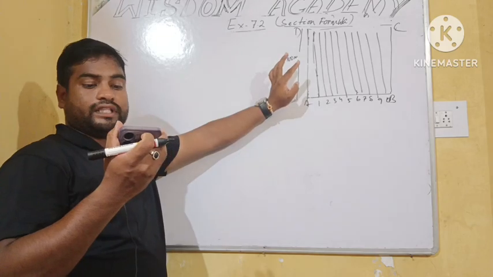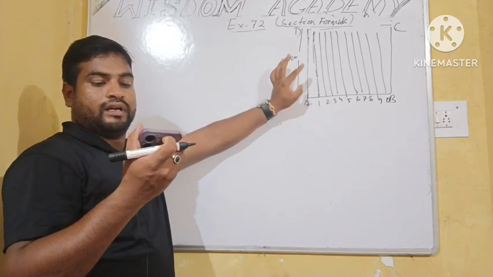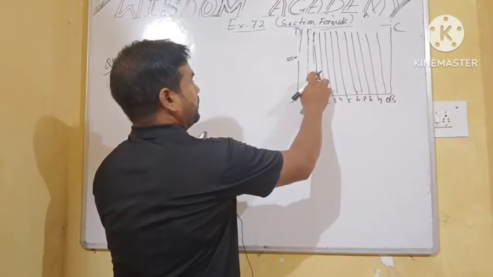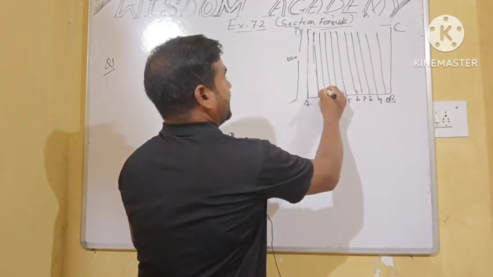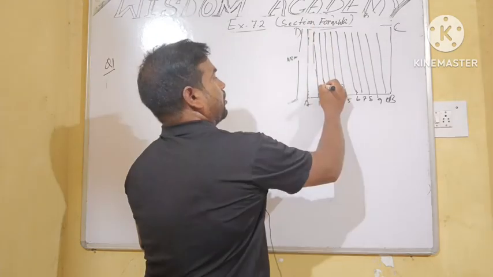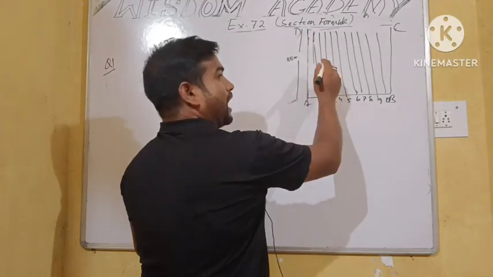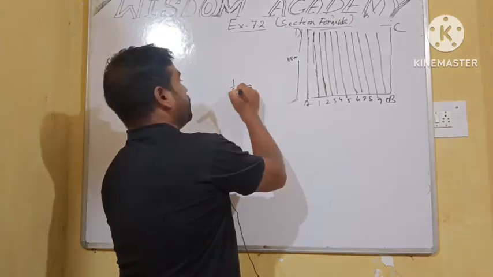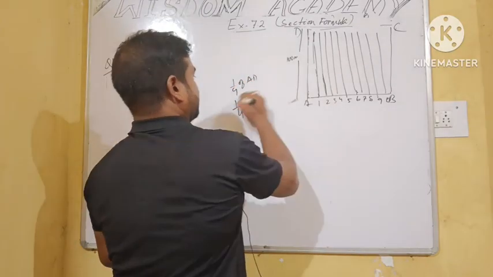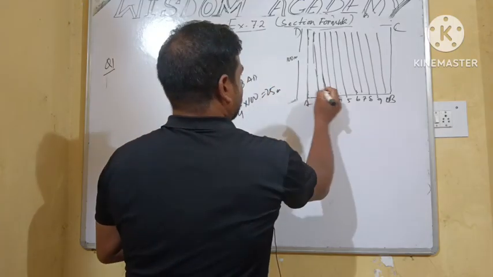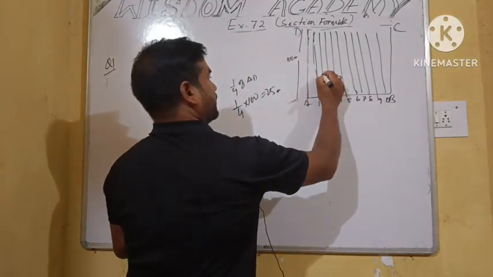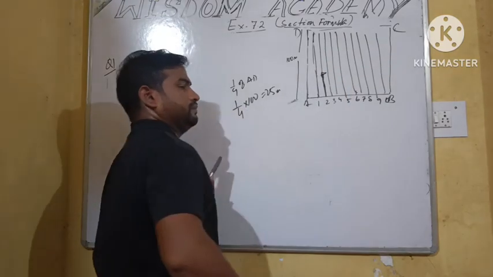In the second line, Niharika runs along AD. 1/4 of AD means 1/4 into 100, which is 25 meter. Niharika covers 25 meter. Here we put the green flag.